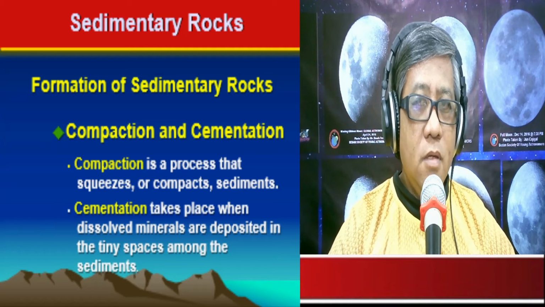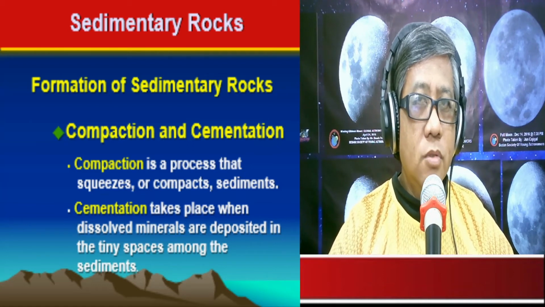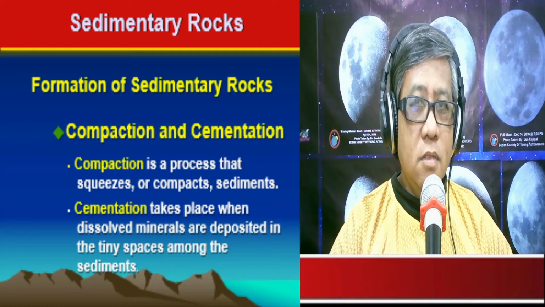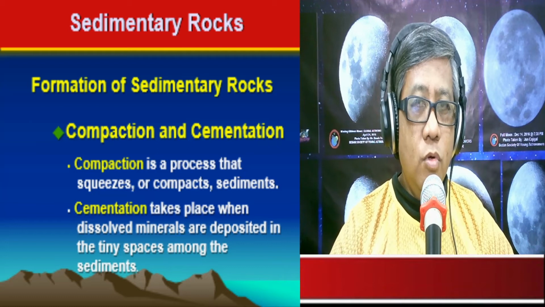So sedimentary rocks begin through the process known as erosion, and erosion will result in the formation of sediments. These sediments get carried by running water, ice, or wind, and they get deposited in layers, say in a body of water like a lake or a river.